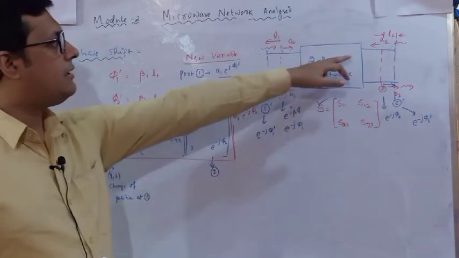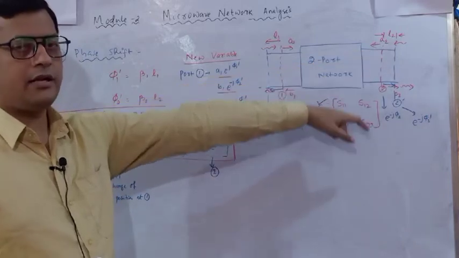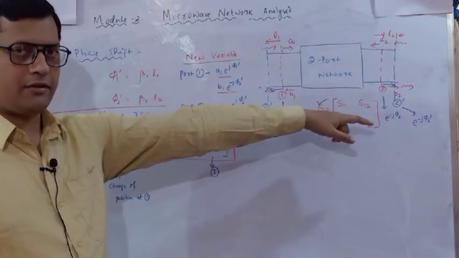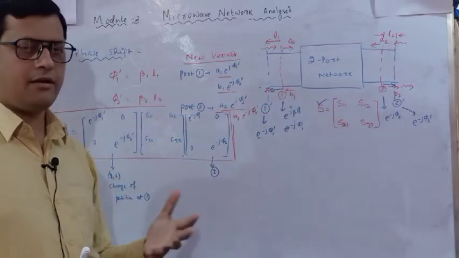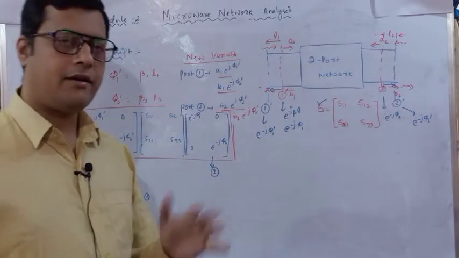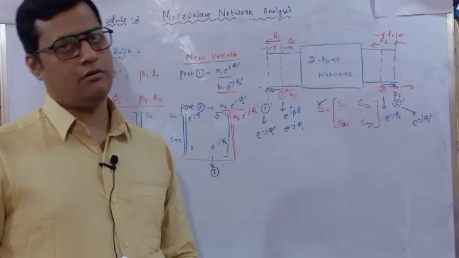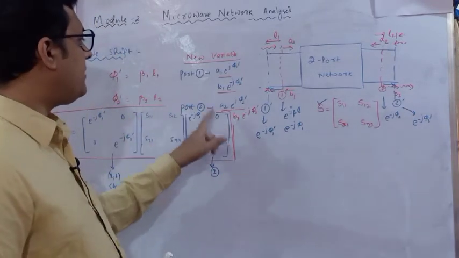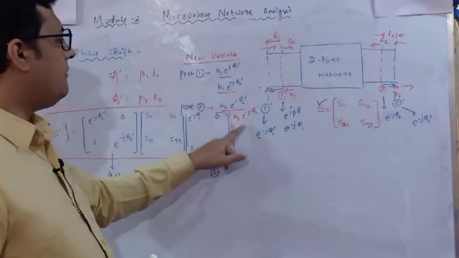If there is a variation in port 2, you will get e to the power minus j phi 2 dash. But what are phi 1 and phi 2? Phi 1 dash is beta 1 into L1 and phi 2 dash is beta 2 into L2. So these are the two factors I have represented for port 1 and port 2.